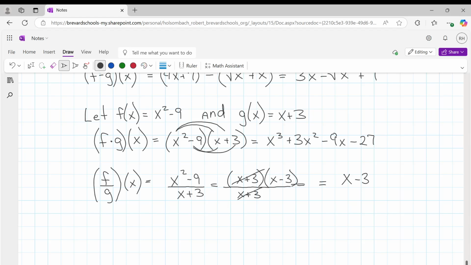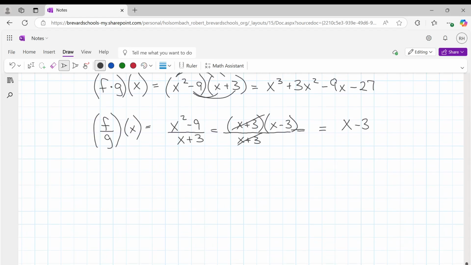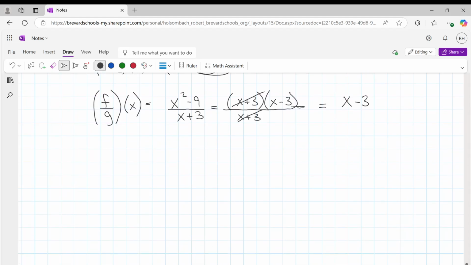Let's look at another example of division. And this time we're going to take f of x and divide it by g of x again. But here's what it ends up looking like. This f divided by g of x.